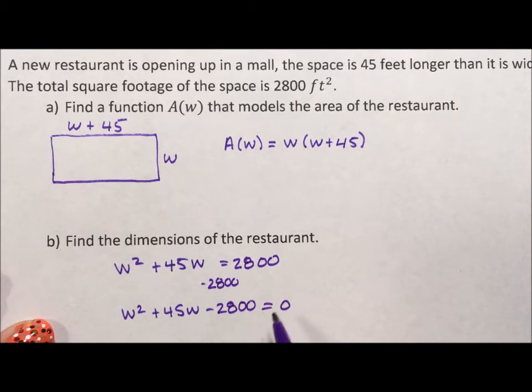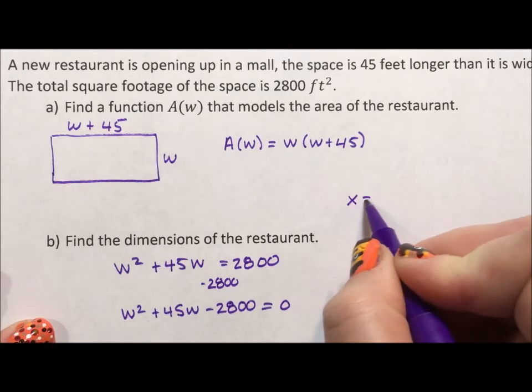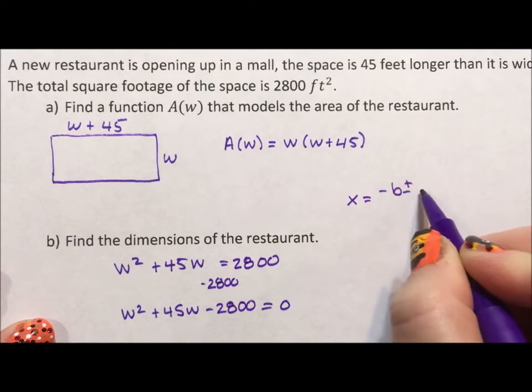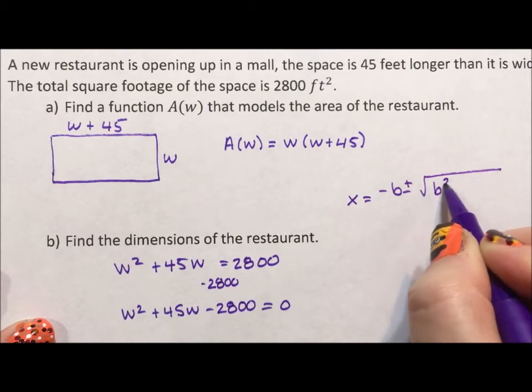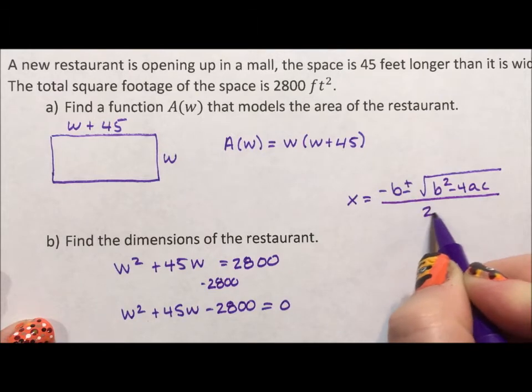I have a couple of choices on how to solve this. I could factor it. 2,800 doesn't actually have as many factor pairs as you think, and it wouldn't be too hard to get them all written down. When I get to numbers that are a little bit bigger, sometimes I just rely on the quadratic formula. The quadratic formula says x equals negative b plus or minus the square root of b squared minus 4ac, all over 2a.